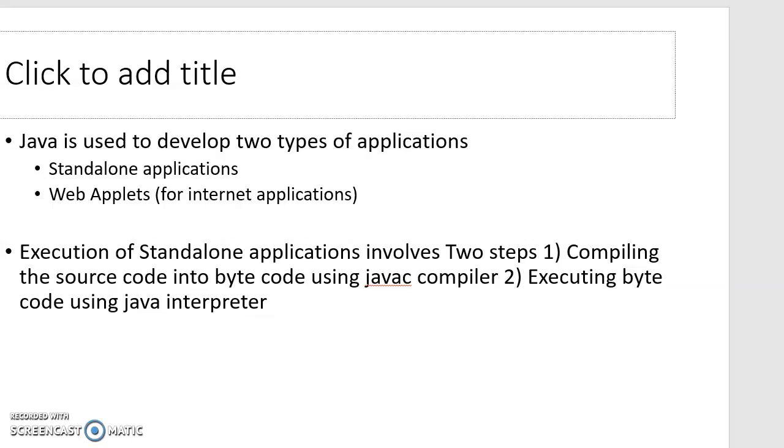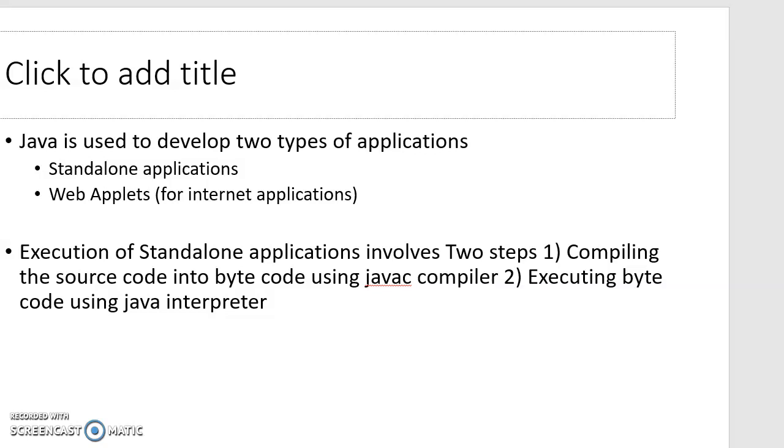Java is basically used to develop two kinds of application. One is standalone applications, and then we have web applets. Standalone applications would be like your individual applications that are installed in your systems, like a calculator or a software that is based on Java.